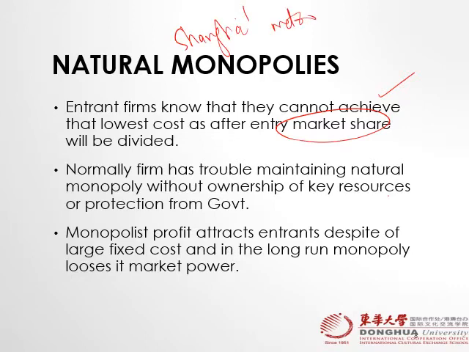So another question, for the Shanghai Metro. Even though Shanghai Metro does not apply for patents from the government saying that only the Shanghai Metro company has the right to operate subway on the subway tracks in Shanghai, even then Shanghai Metro is a monopoly. Why? Because their operating cost is so low.